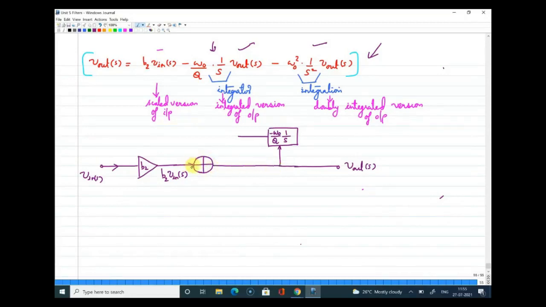One input is B2 into V in of S. The second input is coming directly from here, which is minus omega naught by Q into 1 by S into V out of S. There is one more term, the third term. It is a result of two integrations. One integration is already done, so I'll take the output from this integrator and provide it to one more integrator here, right?